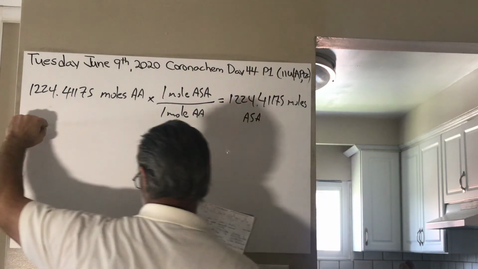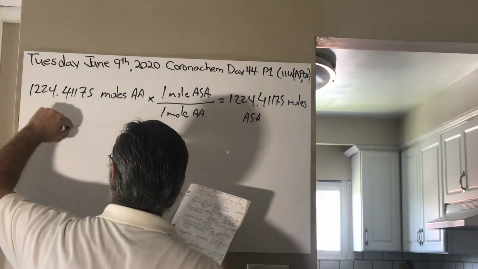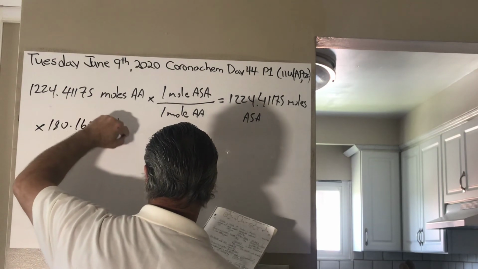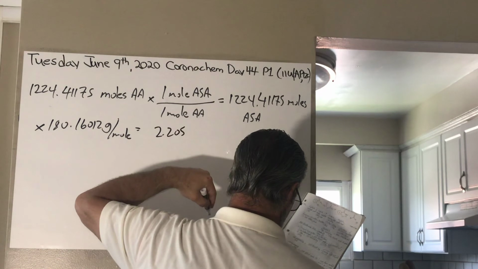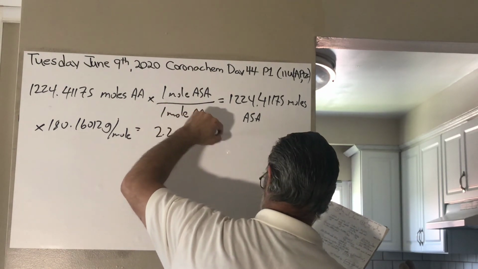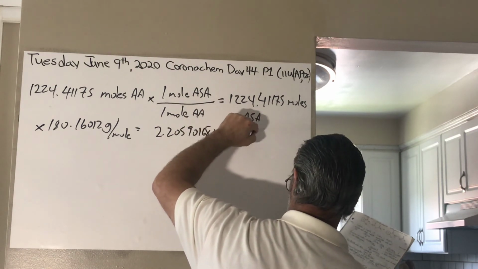Now we multiply by the molar mass of ASA, which happens to be 180.16 from our previous calculations, which means we will get 2.2059068 times 10 to the 5 grams of ASA.